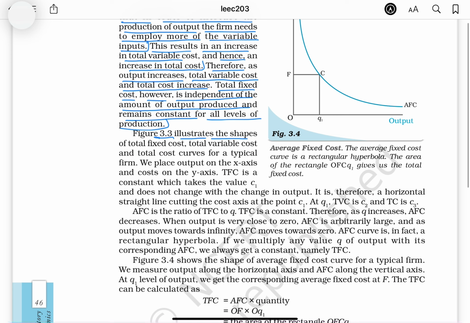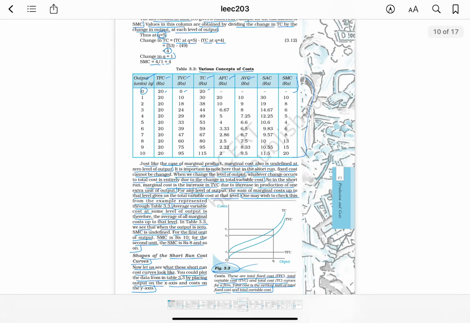Figure 3.3 illustrates the shapes of total fixed cost, total variable cost, and total cost curve for a typical firm. जैसा कि इसमें ये दिखा रखा है.